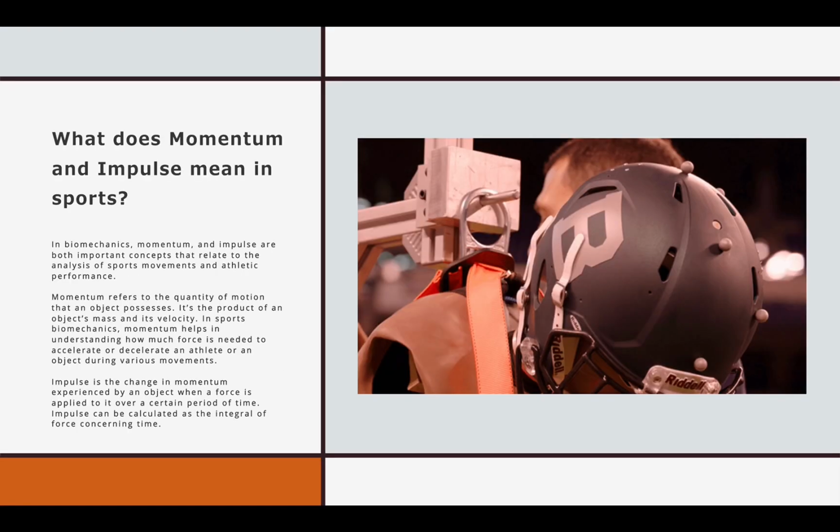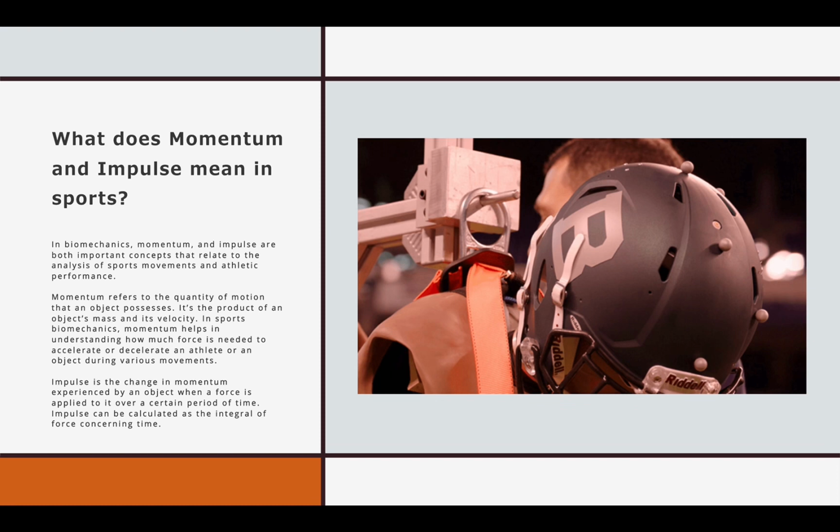So, what does momentum and impulse mean in sports? More specifically, in biomechanics, momentum and impulse are both important concepts that relate to the analysis of sports movements and athletic performance. Momentum refers to the quantity of motion that an object possesses. It's the product of an object's mass and its velocity.